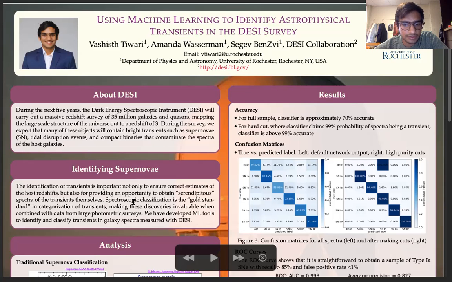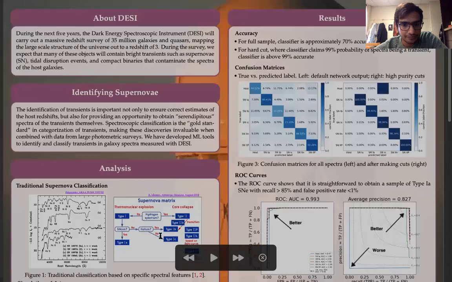And this spectroscopic classification is the gold standard in classification because these discoveries can be compared against the data from the photometric surveys. So what we have done is develop machine learning tools to identify and classify these transients in the galaxy spectra. And that's what I'll be discussing today.